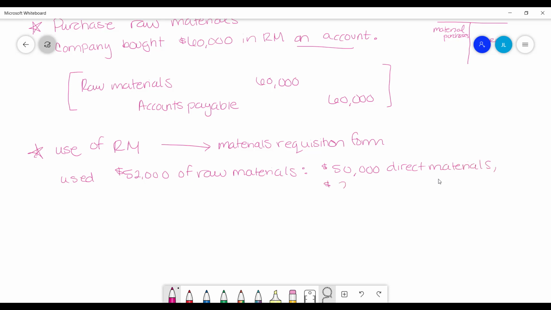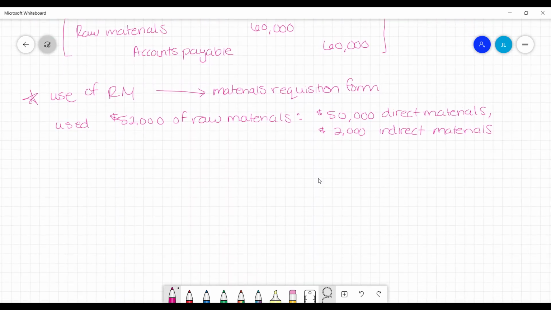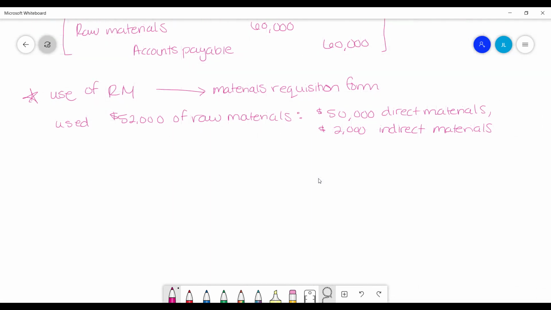And then $2,000 is considered indirect. Okay? So how in the world would we go about journalizing that? Okay, so remember, once you use raw materials, it's going to go out of the raw materials account and into the corresponding account that it needs to go to.